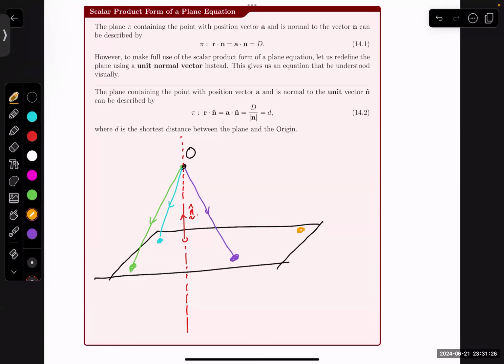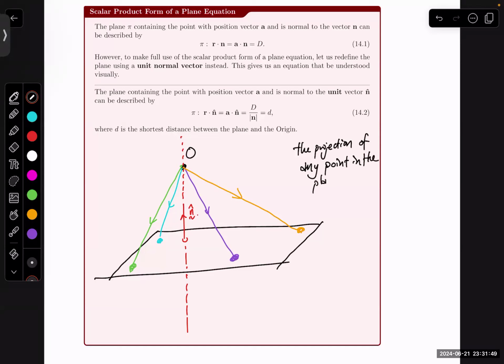When I do a projection of any point in the plane onto the direction of the normal vector, they will all be equal.